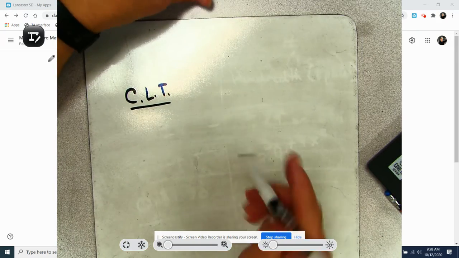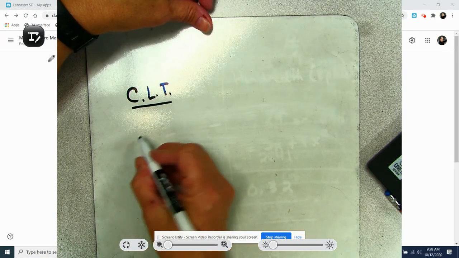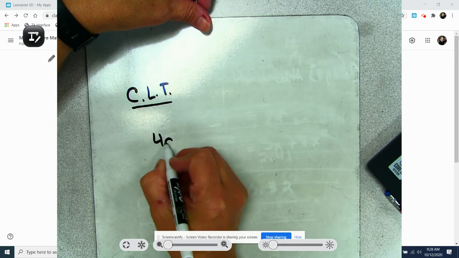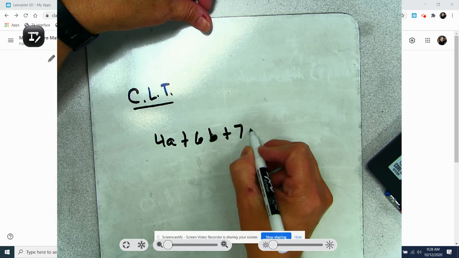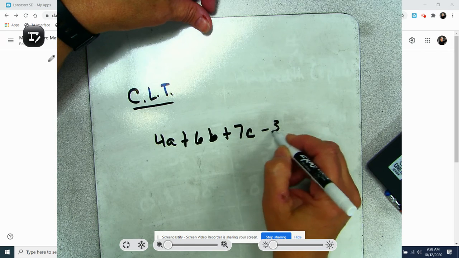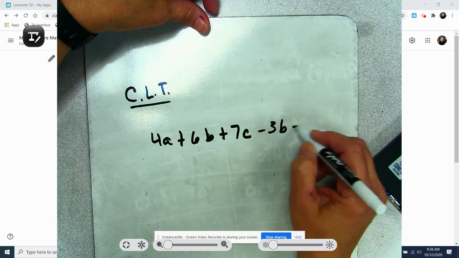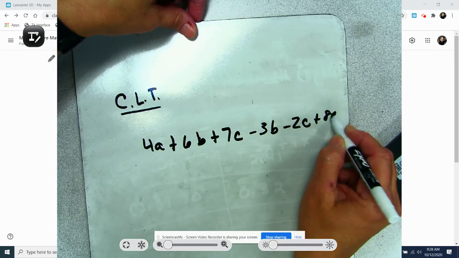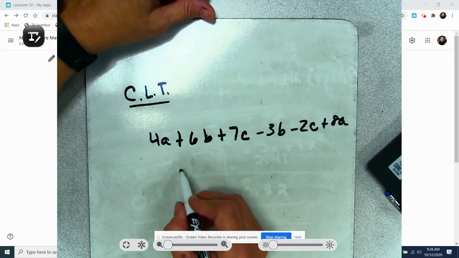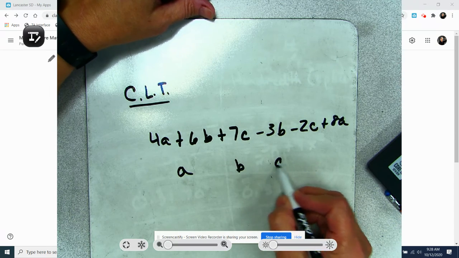So if you had a problem, for instance, like this, so you had, say, 4a plus 6b plus 7c minus 3b minus 2c plus 8a. Okay? You have a's, you have b's, and you have c's.